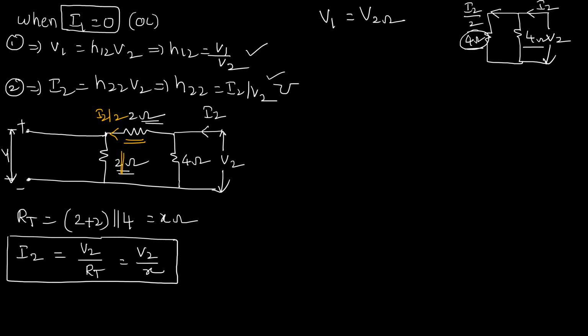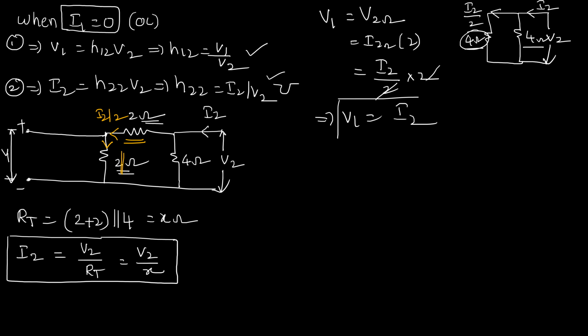What is the amount of current flowing through this 2 ohm resistor? That is also I2 by 2. So what we can write now: current flowing through the 2 ohm resistor into 2 is the formula. So this is I2 by 2 into 2. That means V1 equal to, 2 gets cancelled, you'll be getting I2. So you got V1 in terms of I2.